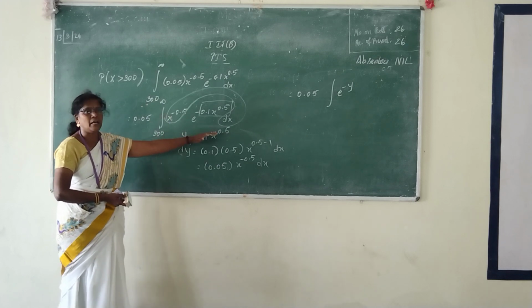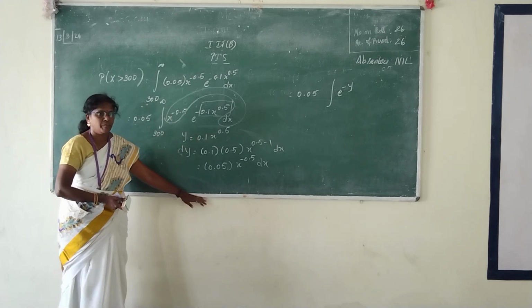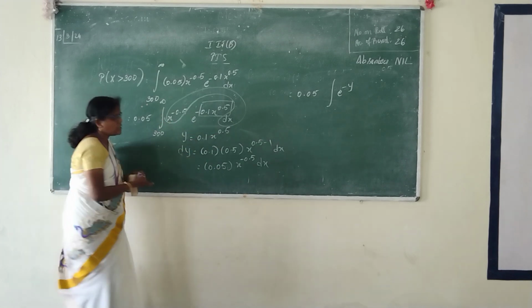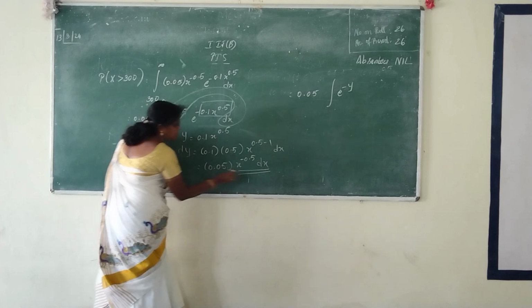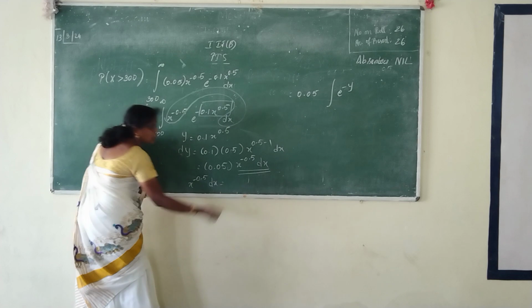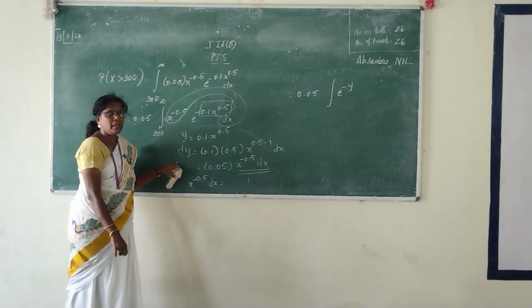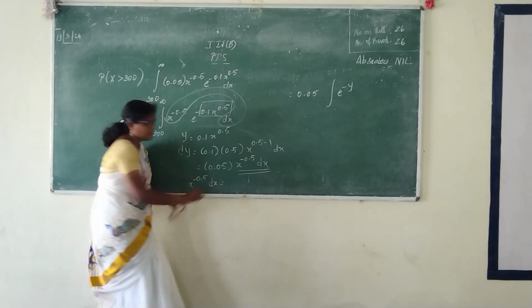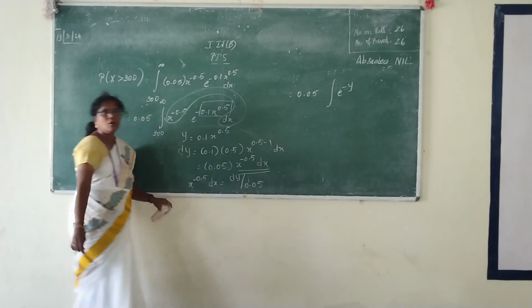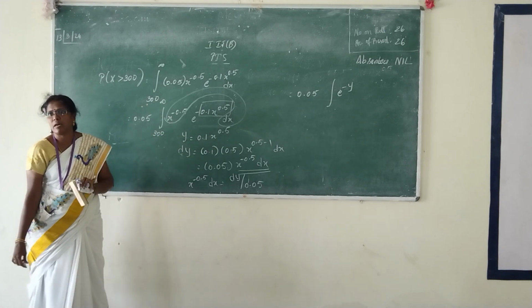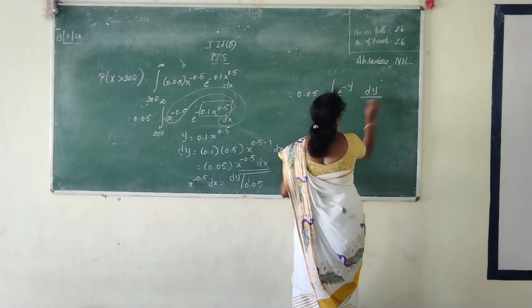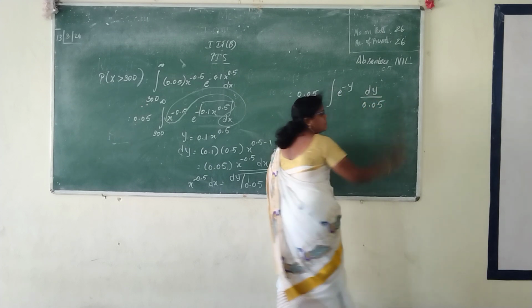You can replace where the integral has these two terms. Yes, ma'am, they are having these two. So from this equation, x power minus 0.5 into dx will be equal to dy by 0.05. So everything is converted in terms of your y variable, and both the terms are replaced by dy by 0.05.